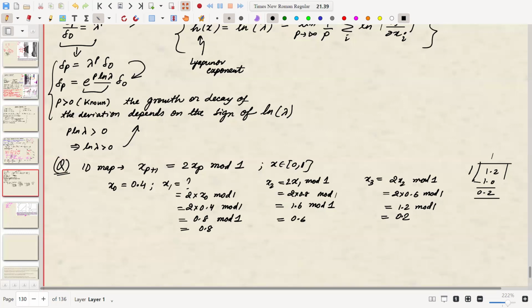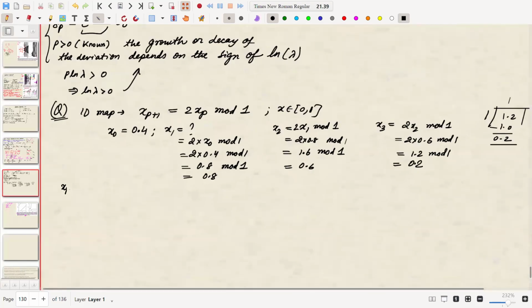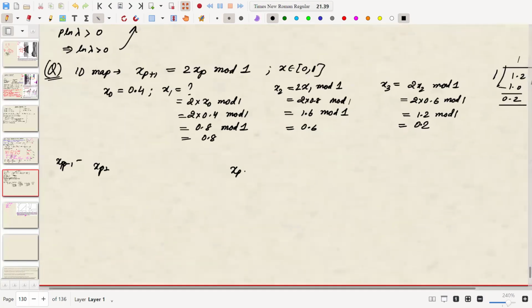Let us not use mod 1. So x_{p+1} is equal to 2x_p. Say x0 is 1. What is x1? 2.